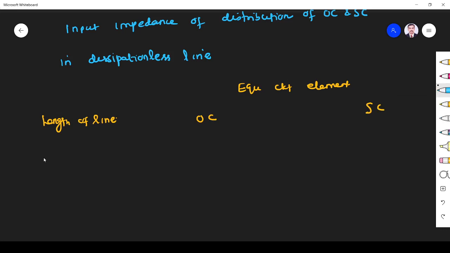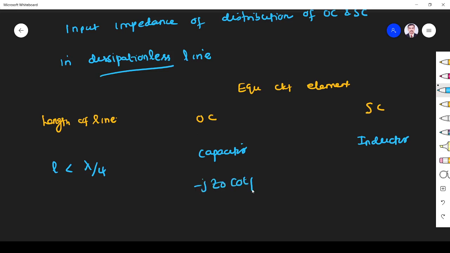When the length of the line is less than lambda by 4, open circuit behaves like a capacitor and short circuit behaves like an inductor. For a dissipationless line, Zin is equal to minus jZ0 cot beta L for open circuit, and jZ0 tan beta L for short circuit.